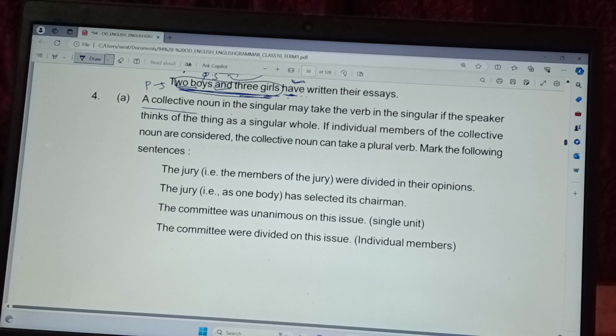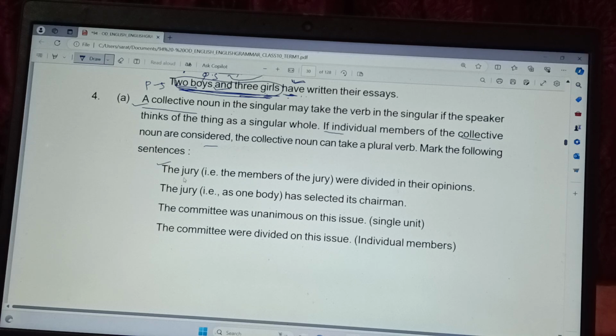A collective noun in the singular may take a singular verb if the speaker thinks of the thing as a singular whole. If the individual members of the collective noun are considered, the collective noun can take a plural verb. Mark the following sentence. Understand rule 4a, guys.